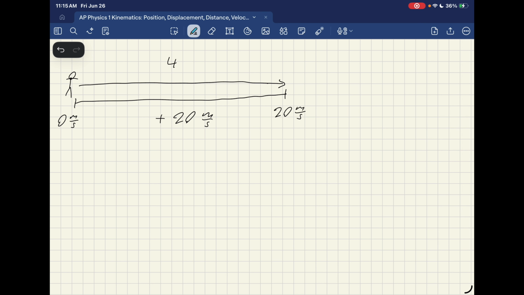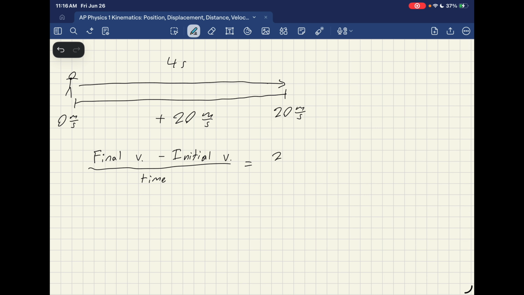Let's say it takes him 4 seconds to run whatever this distance is. So we do final velocity minus the initial velocity divided by time it takes to run or to travel.